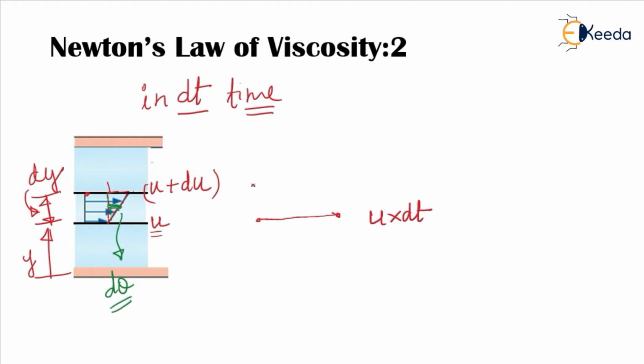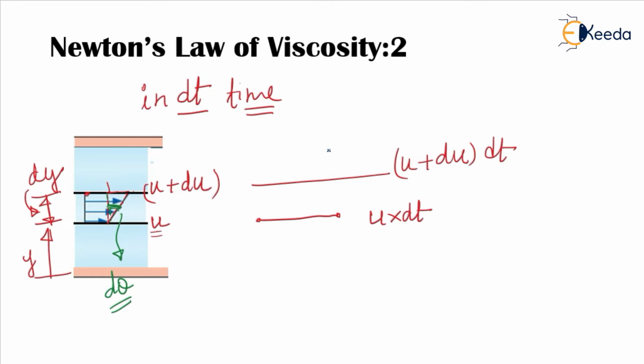At the same time, what is the displacement of the fluid particle at this point? This is a little longer, because it is u plus du multiplied by dt. Fine, no problem with that.